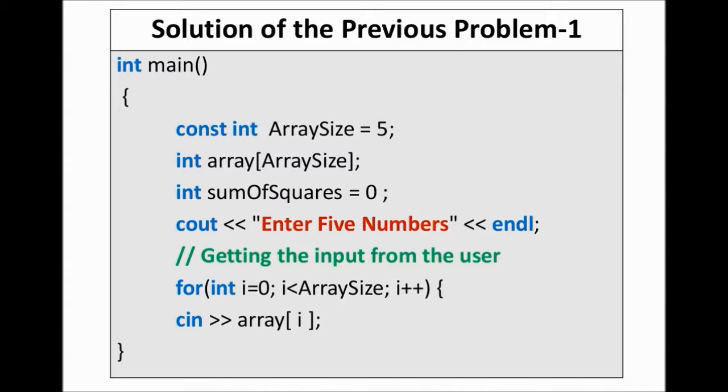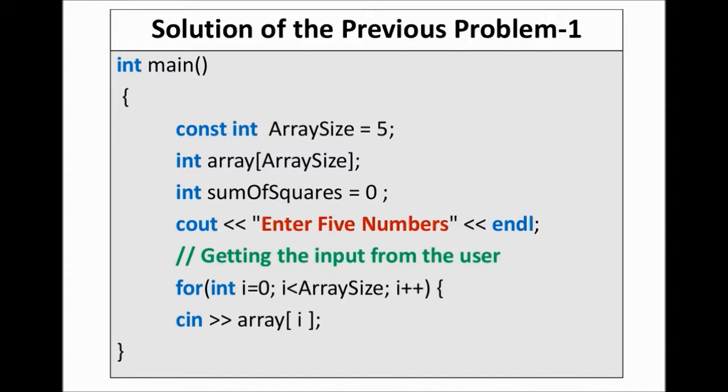We write int array, and in the length or the size of the array we write the variable array size. So then we want to find the sum of the squares of these elements, so we declare another variable, int sum of squares is equal to 0.